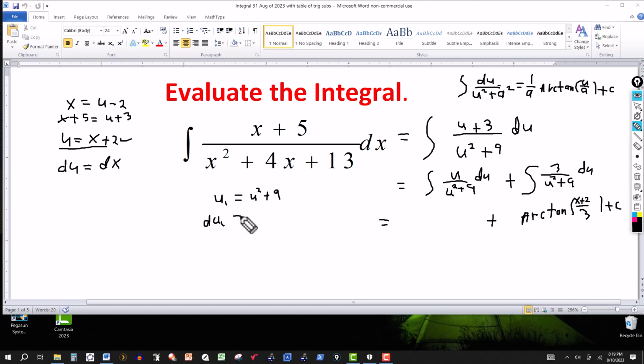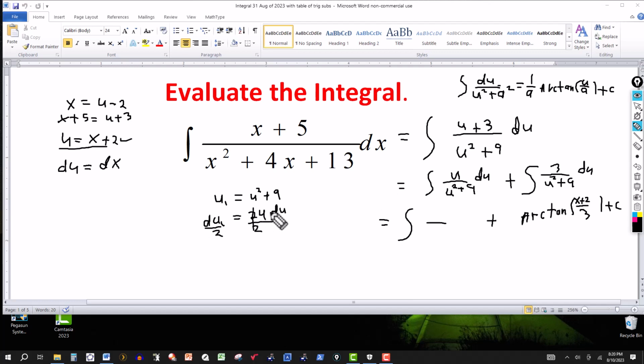On the right side, I take the derivative with respect to u, so this will be 2u. Derivative of 9 is 0. And then this will be du. So then this is going to equal 2. Now we're going to convert to u1. So I can replace the du, divide here by 2. So this will be du1 over 2.